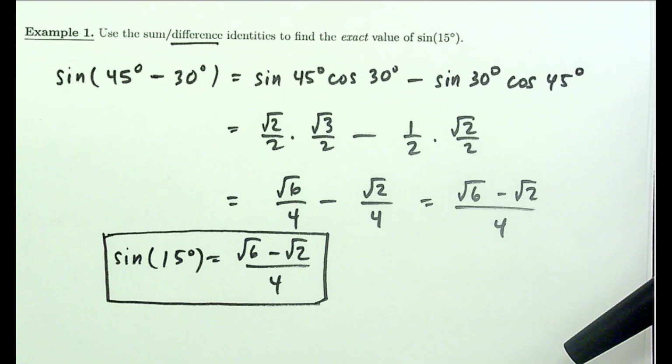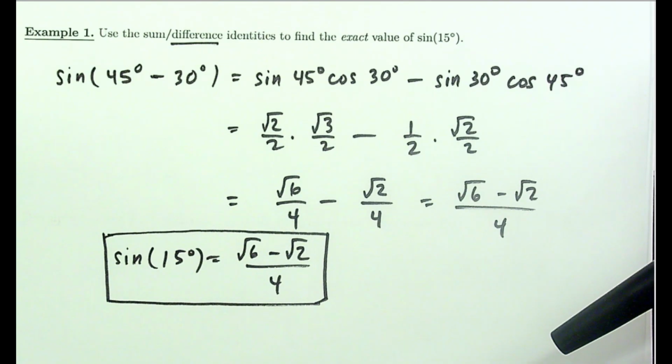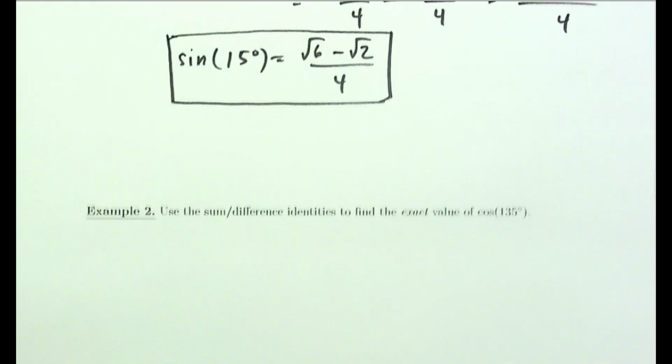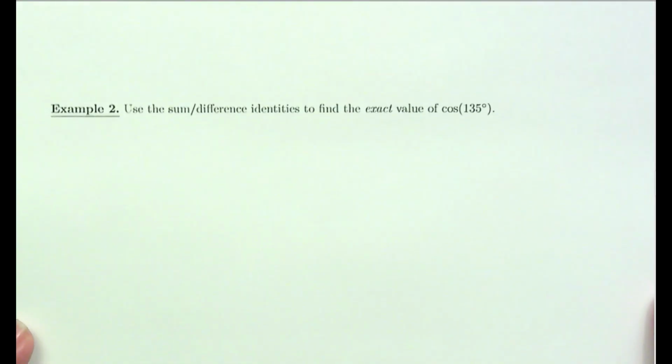Sometimes you may have more than one combination that works, but just choose one that you can use. So for example, you could have used 60 and 45. Actually, that would have worked just as well. 60 minus 45 also gives you 15 degrees. And that would have been another way of doing that problem.